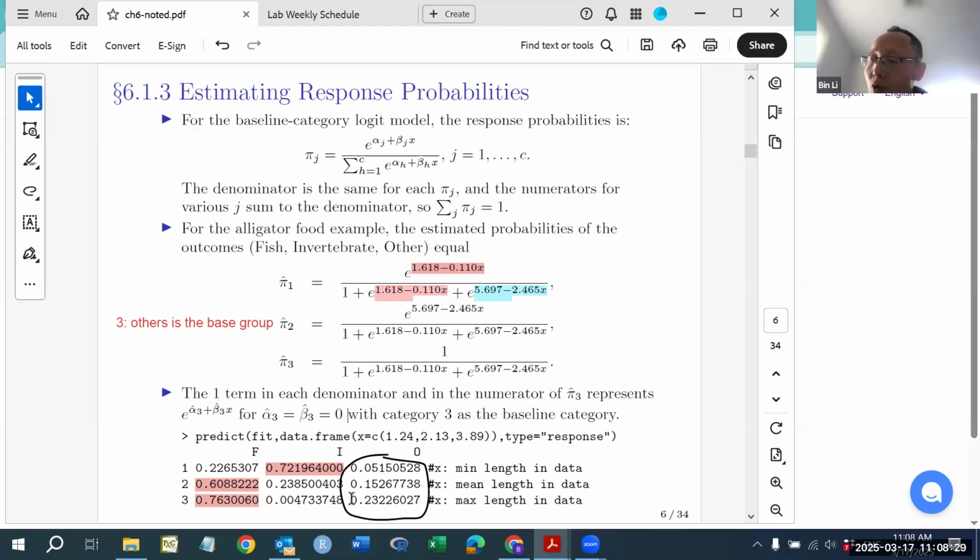And when it's maximum, it's 23%. So when they grow older, the chance of choosing the others increases. But compared to the fish and invertebrates, others is just like a snack for them. So the chance of choosing the others as the primary food choice is relatively small.